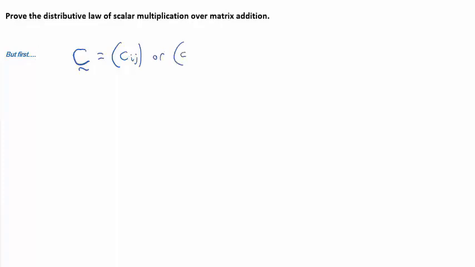Again, lowercase c, i, j, for an m by n matrix, which is the dimensions of the matrix. So this means that the matrix C has elements c_ij, and is of size or dimension m by n. Okay, so that's its size, and it's also called its dimension or dimensions.